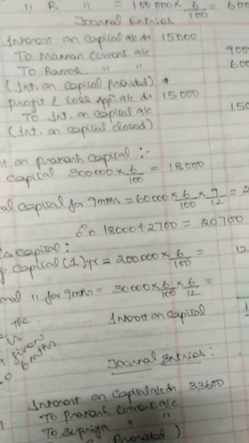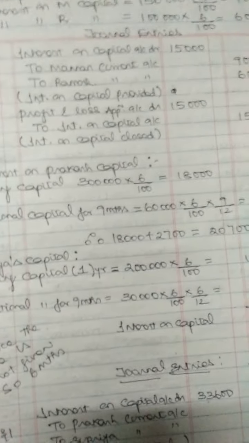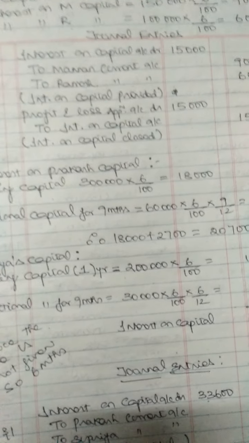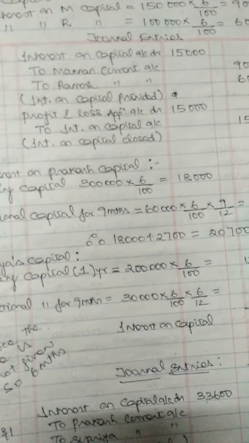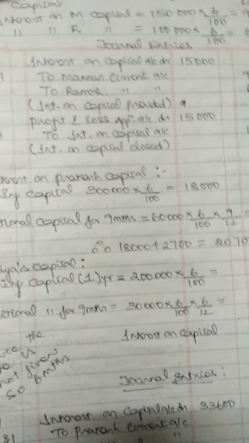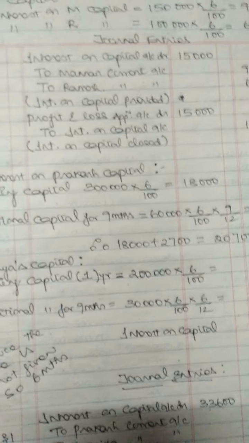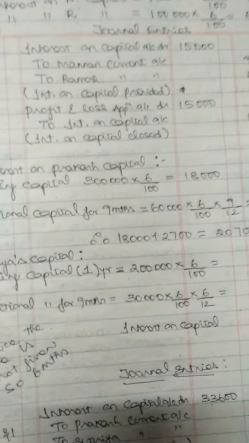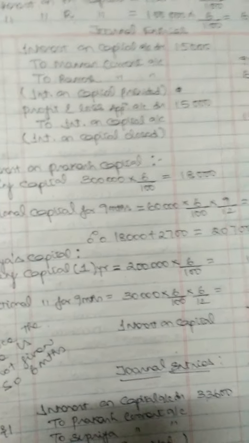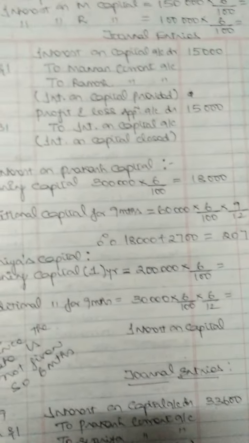Any doubt? Then the second partner. Second partner capital is 2 lakh into 6 by 100, first step 12,000. Then the second partner also contributed additional capital. So 30,000 into 6 by 100 into 6 by 12. Why 6 by 12?